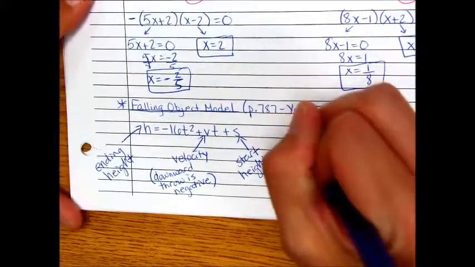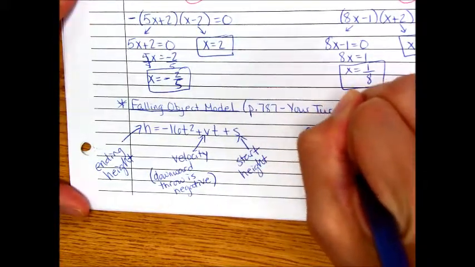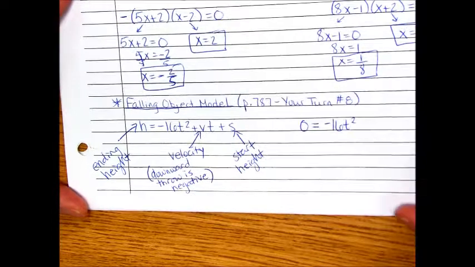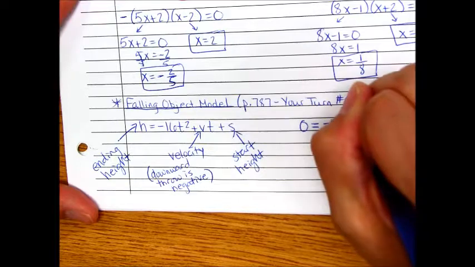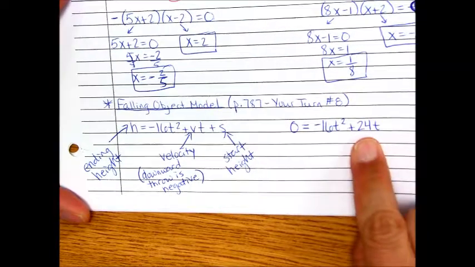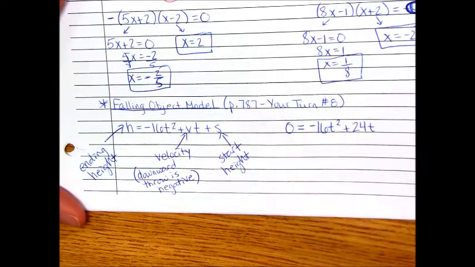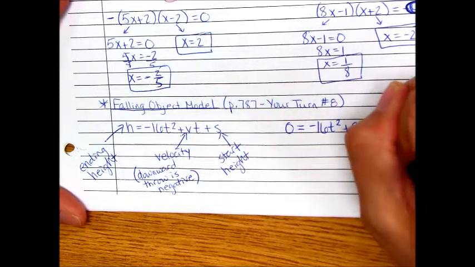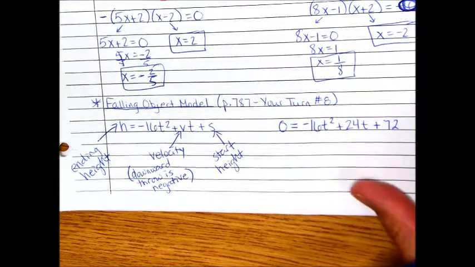So your end height is 0. The negative 16t squared is always negative 16t squared. And they said an upward velocity of 24 feet per second. So that's how you know to put 24 here, and it's positive because it's upward. If they'd said downward, it would be negative. And then your start height is, they said you're throwing it off of a 72-foot building. So it starts 72 feet up in the air.